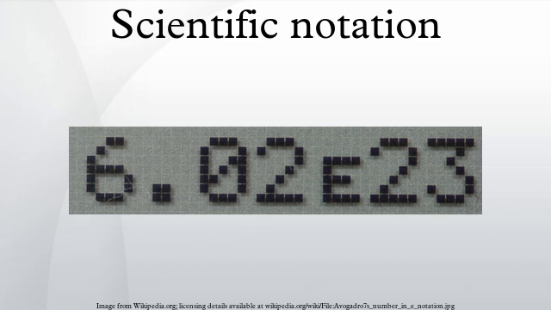Order of magnitude. Scientific notation also enables simpler order of magnitude comparisons. A proton's mass can be obtained by comparing the exponents instead of the more error-prone task of counting the leading zeros.